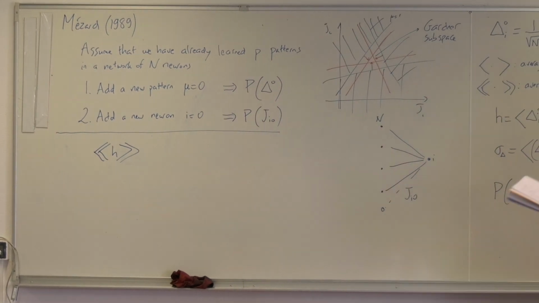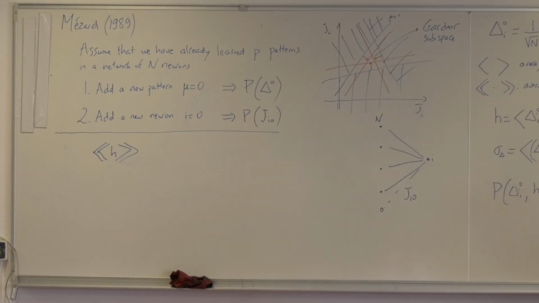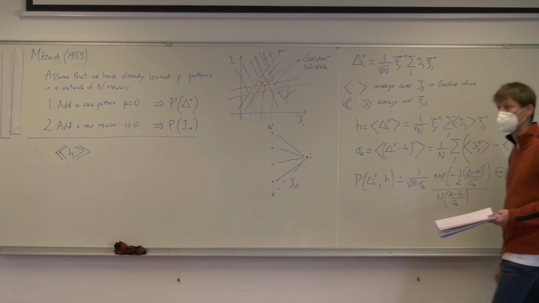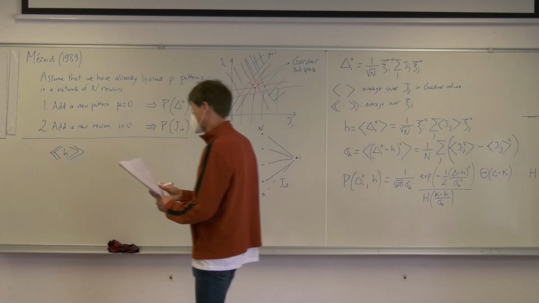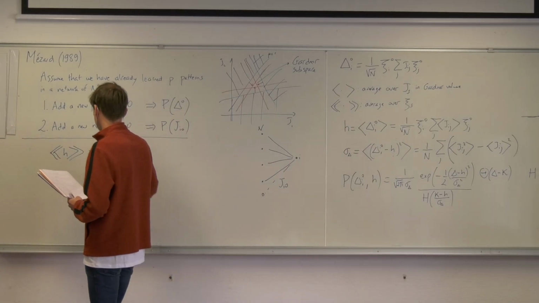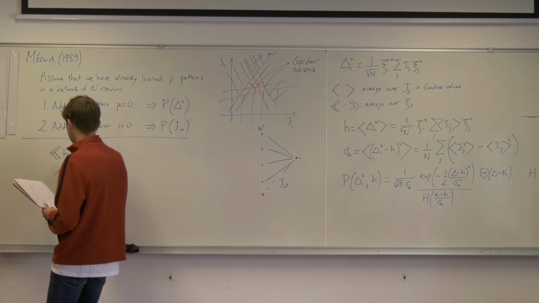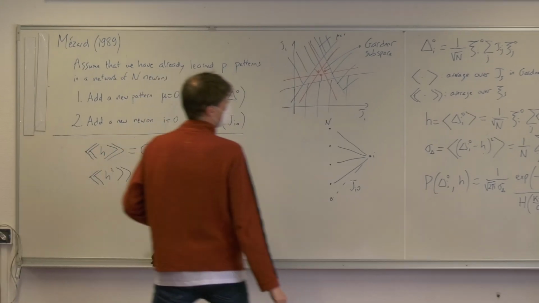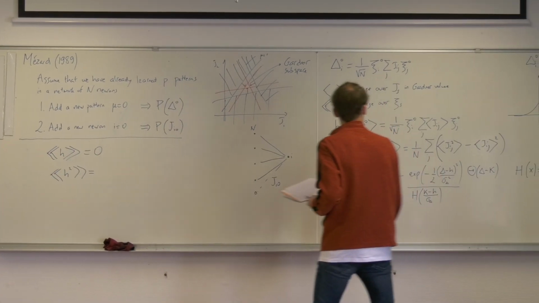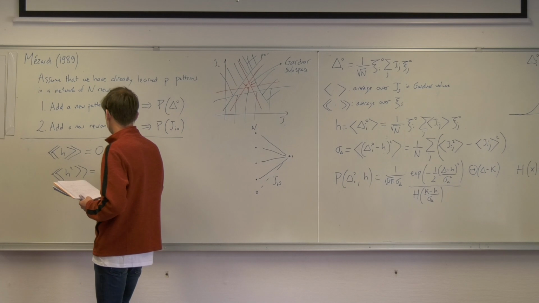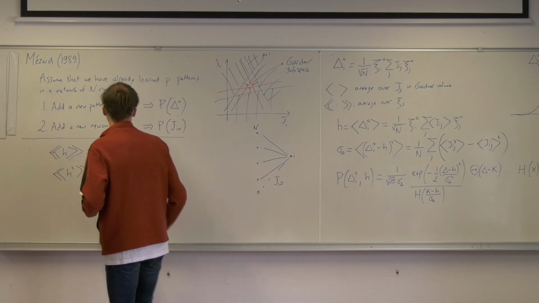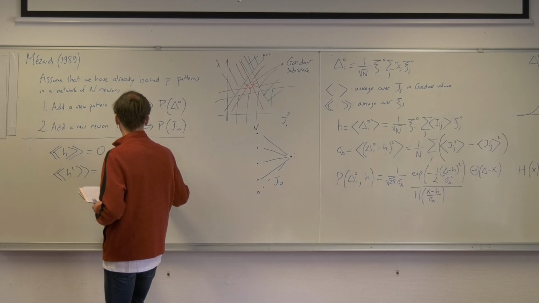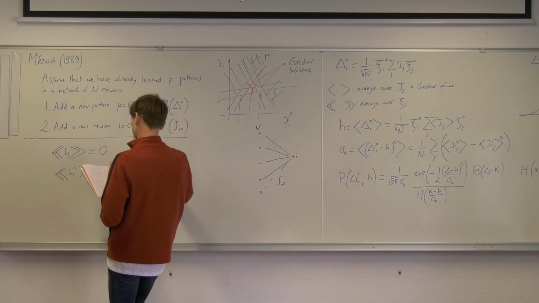First we see that the distribution of h will itself be a Gaussian, right? Because we have here this large number of random variables, and we see clearly that the average of h should be equal to 0, and the average of h squared will be equal to 1 over n, sum over j of J_ij squared.